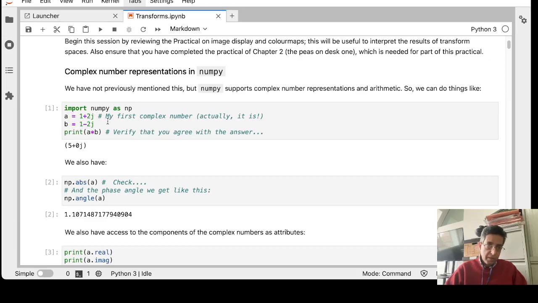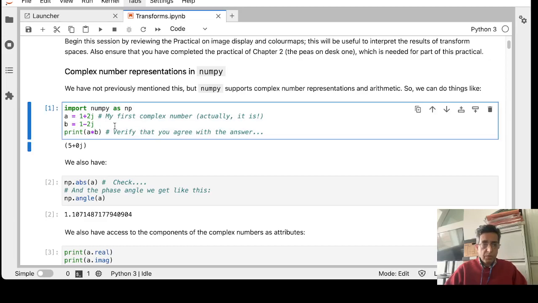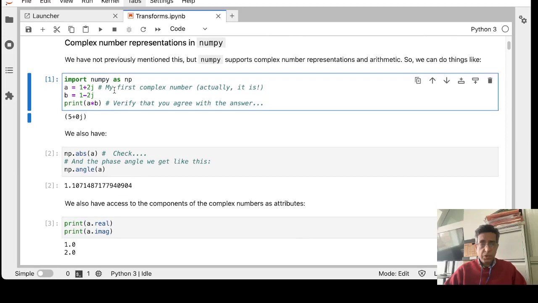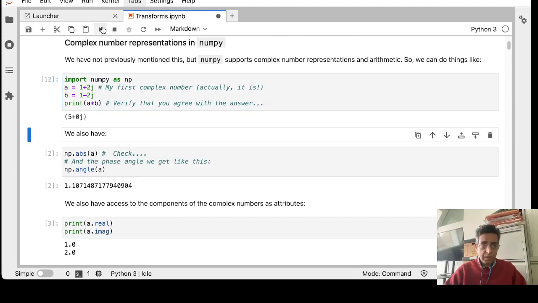Here's A and here's B defined just using lines of Python. We have to make sure that J ideally isn't associated with some other variable, but honestly, I don't know how Python deals with that, but I tend not to use J as a variable in my Python coding anyway, and that's probably good practice. So multiplying A by B, you would get 5 plus 0J, given these definitions here, and you should just confirm that you're happy with that, and there's nothing surprising there to you.